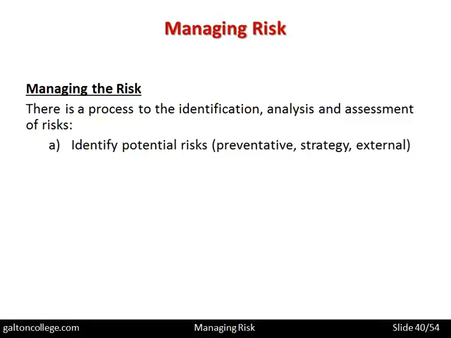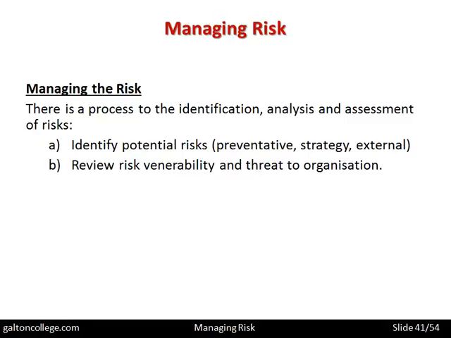Are they external? These are the three categories we just looked at. So try to list out what are the risks the company faces and try to categorize them as preventable, strategic or external. And at least now the management know what risks they face and the category of those risks.